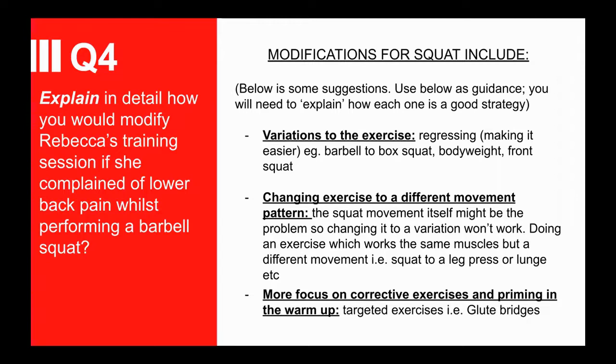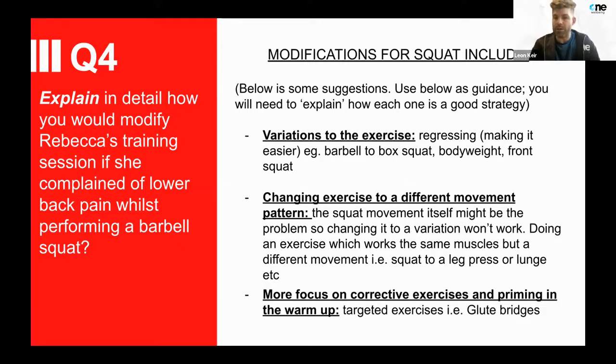And if the self-assessment indicates that the pain is serious, then we can modify the exercise to make it easier. So regress the exercise. Make them squat onto a box, make them do a body weight squat. They're probably the key things.